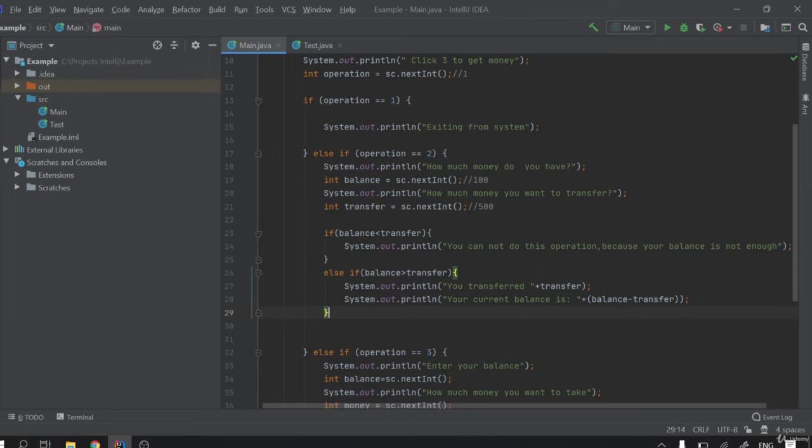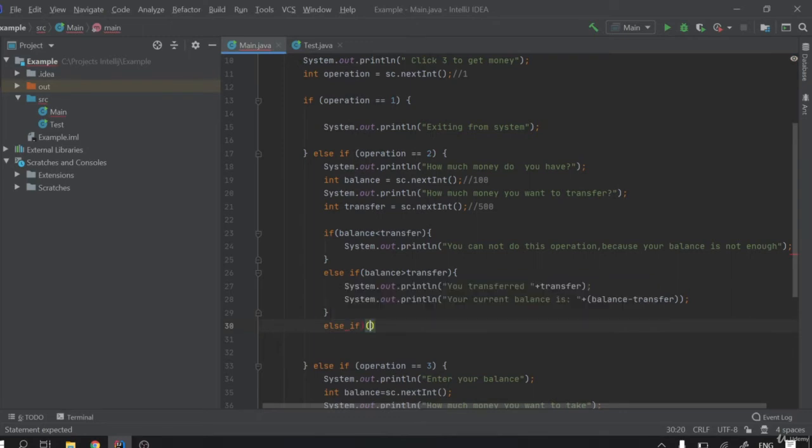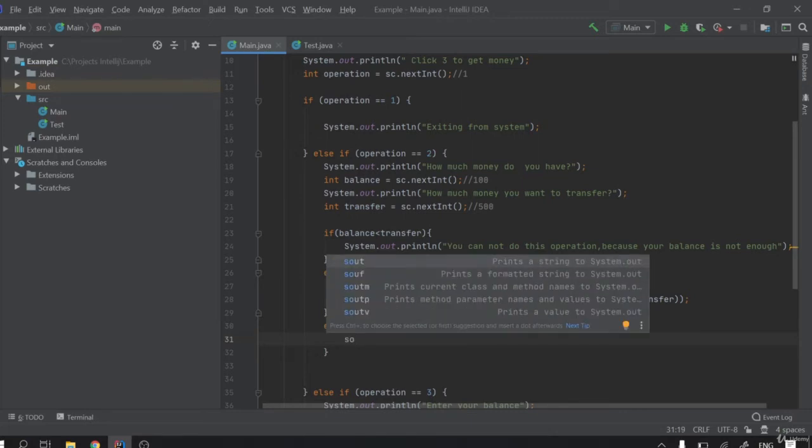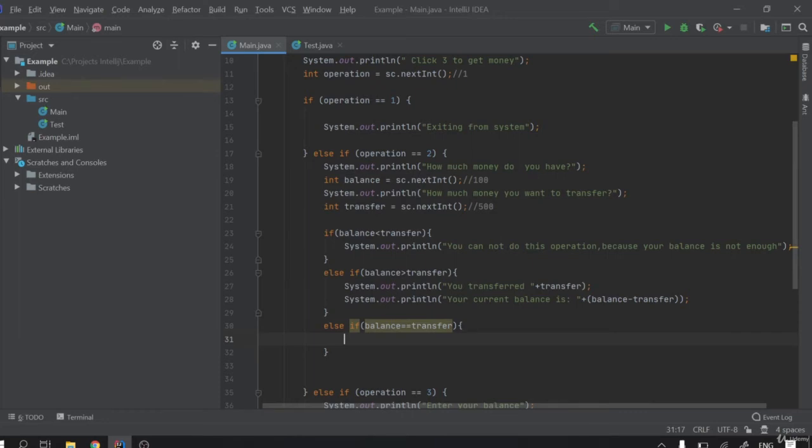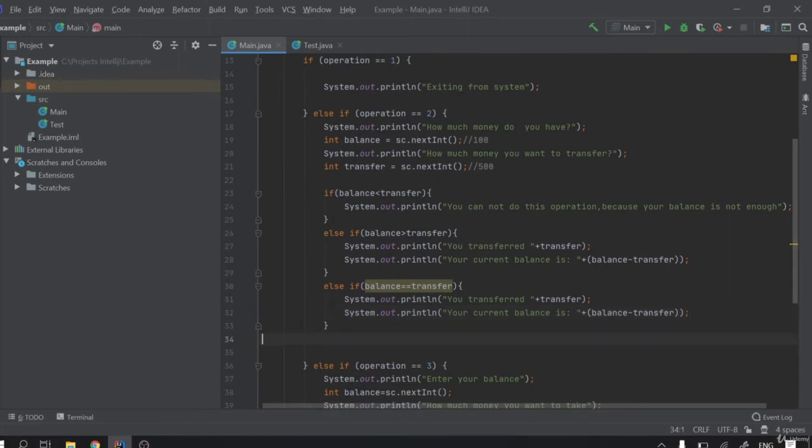So let's change this, and I'm going to write like this: else if balance equals transfer. So let's do this, and let's do this. I'm going to write exactly this, because there is no difference between them.